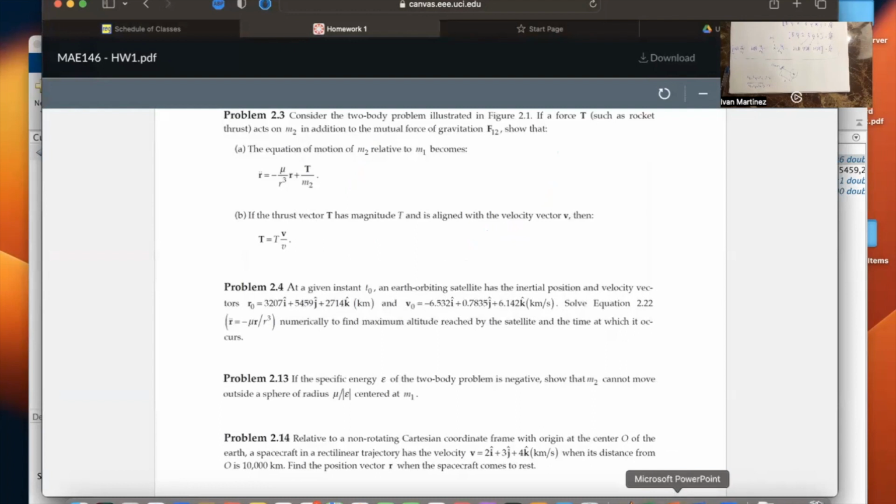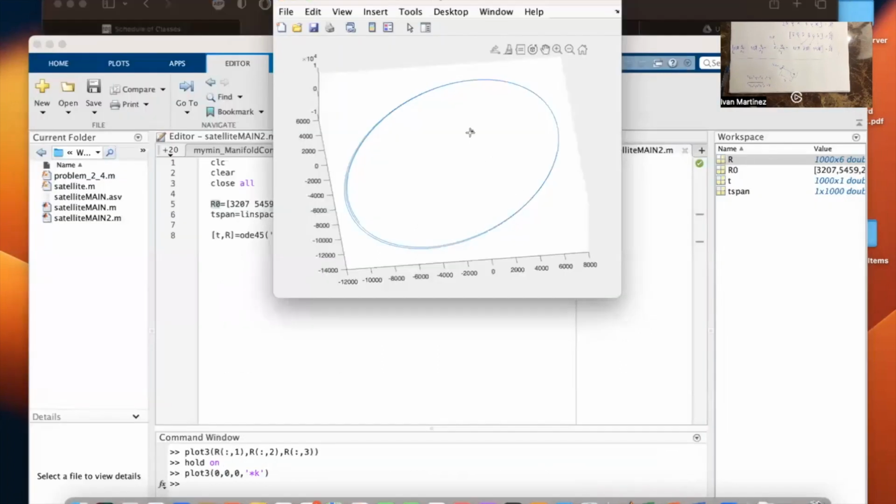If we look at the plot, the question is asking us to find this altitude. Just a pointer: it's saying altitude, not radius. So this is radius. You need to do something to find altitude instead of radius.